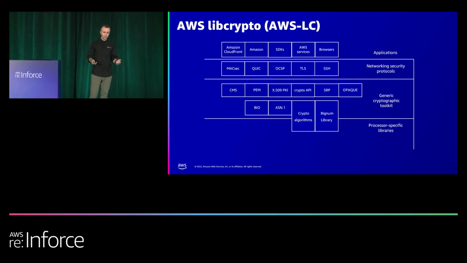Every cryptographic toolkit will also possibly provide optimizations that depend on specific processors. This is where you have hardware instructions to do crypto faster. And this is the lowest layer here that's kind of processor specific. Every cryptographic toolkit will have a choice of which algorithms to provide and which APIs to provide. And for AWS-LC, we made a particular choice. I won't cover too much of all of the algorithms or functions we have.